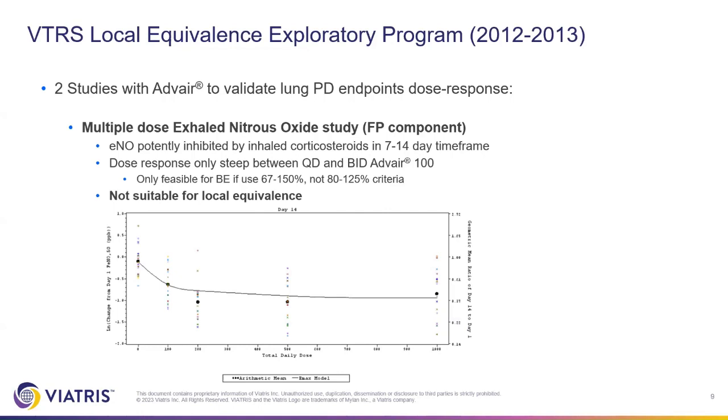And we were ready to take our position back. In fact, we'd sent data from both of these studies into FDA, and we were ready to go back in August 2013 to talk about how we were going to get this product to approval in terms of local clinical equivalence.